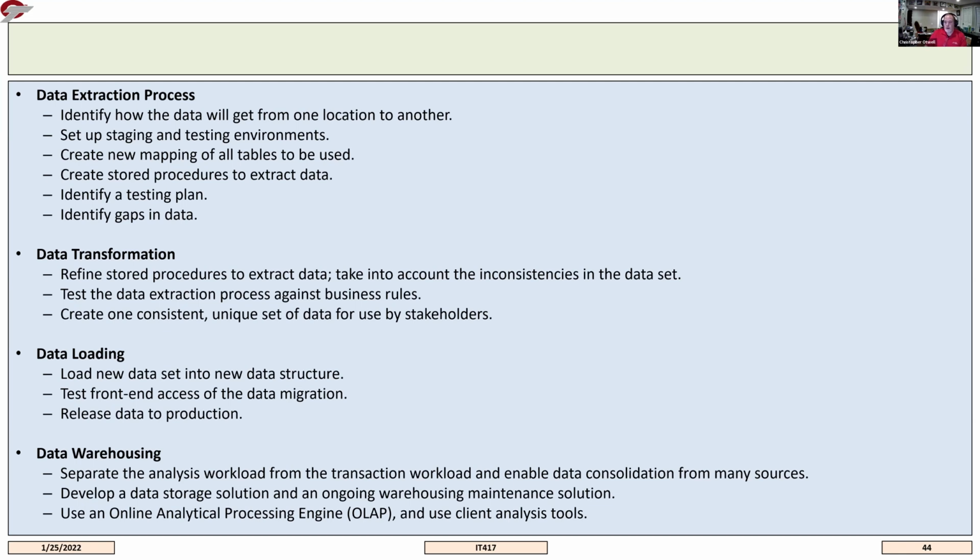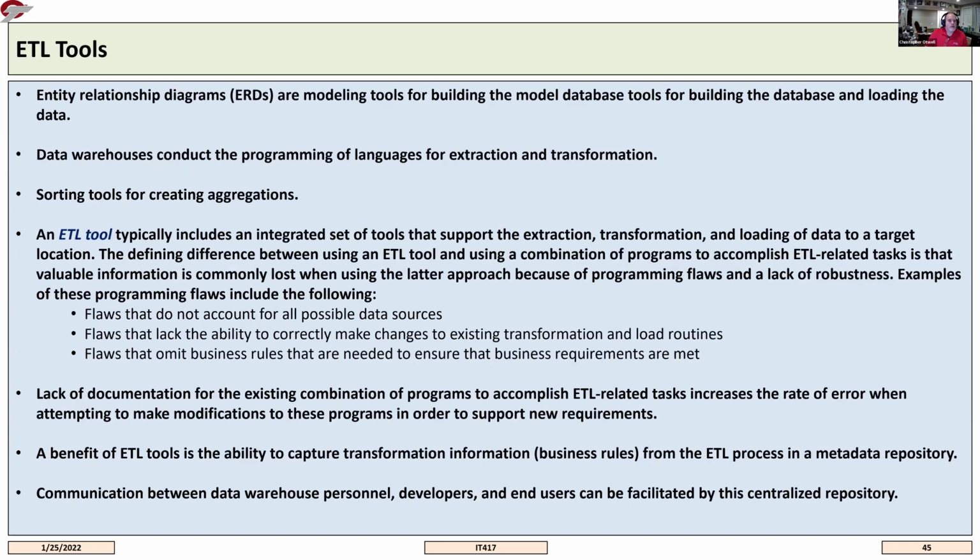Need to have a consistent API that they can then get into contact from the data warehouse in order to access it, in order to then build apps against it and use their framework to analyze that data in order to build systems and solutions and or new applications all the time. Entity relation databases are modeling tools used for building databases and loading that data.